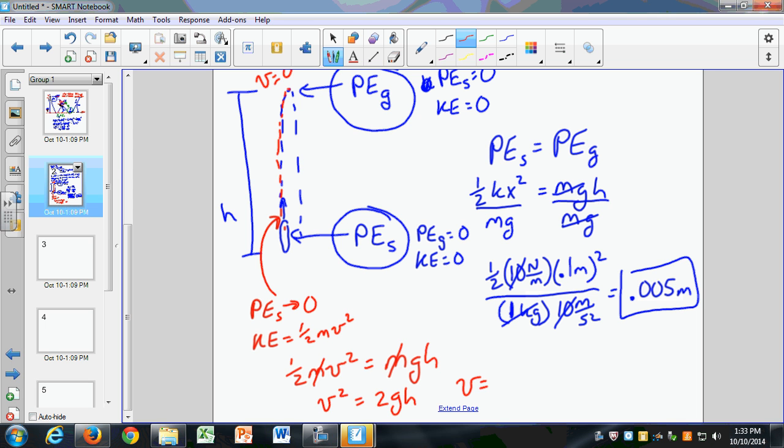So V is equal to the root of 2gh. 0.01 times 10, I don't know what that is. It's 0.3. Right, so yeah, 0.3 meters per second.